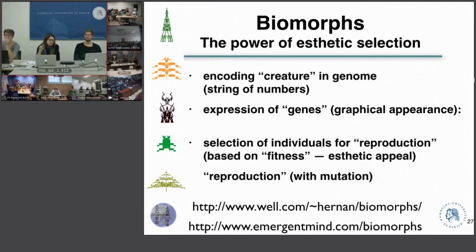So we don't give our program a particular fitness, which is defined by how close a solution is to the optimal solution, or how fast a particular agent is, or how big or how small something is. But the selection is done by aesthetic criteria, and basically this involves an interaction between a human user and the program itself.